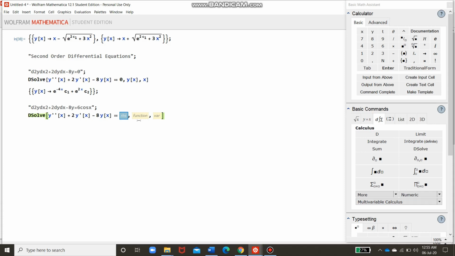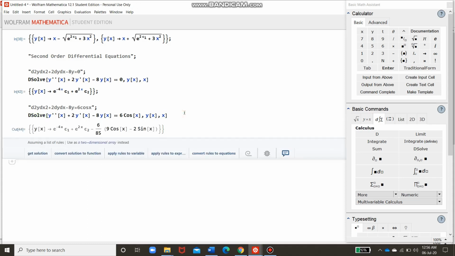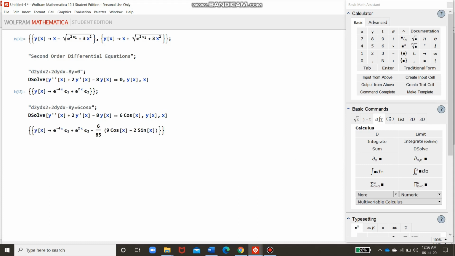So 6 into capital Cos, you open your square bracket x. Make sure you don't miss out the capital C in a trigonometric function, and you don't forget to write your square brackets here. And then your function is y of x, and you want to integrate with respect to x. You click, and this is your answer. Let's move on.